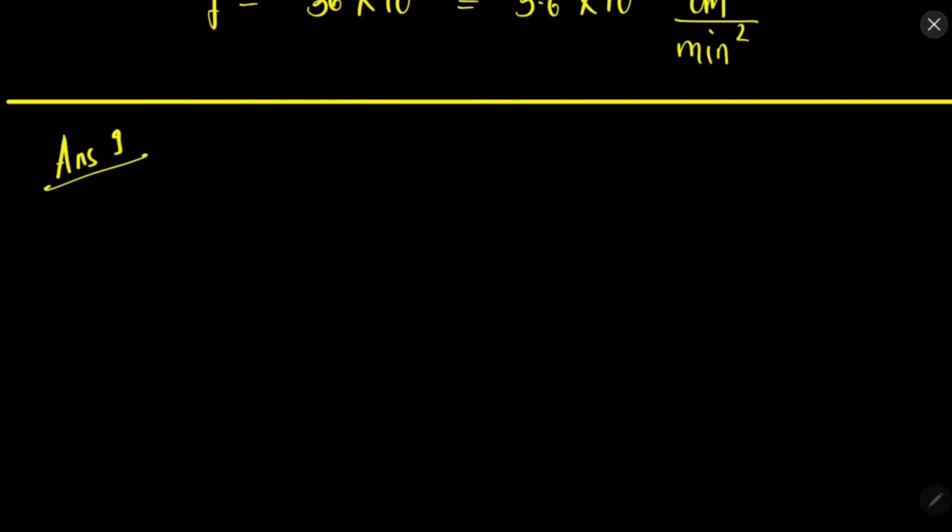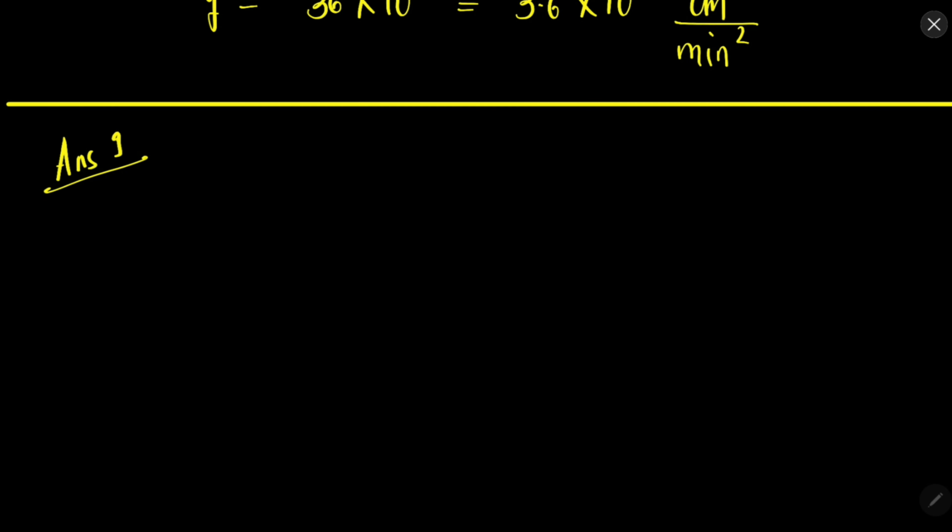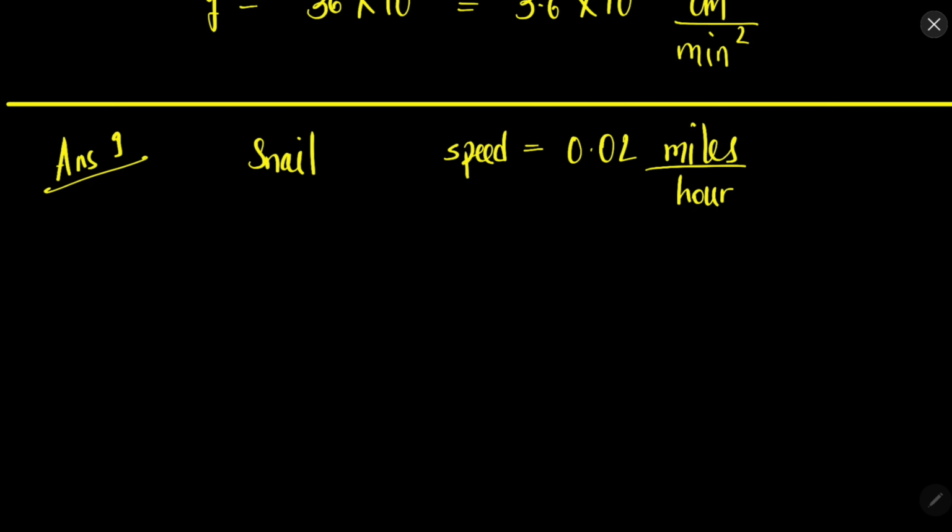Answer 9, solution 9. First, for the snail, the average speed is 0.02 miles per hour. Okay. Now let's convert. So 0.02. Now what is 1 mile?